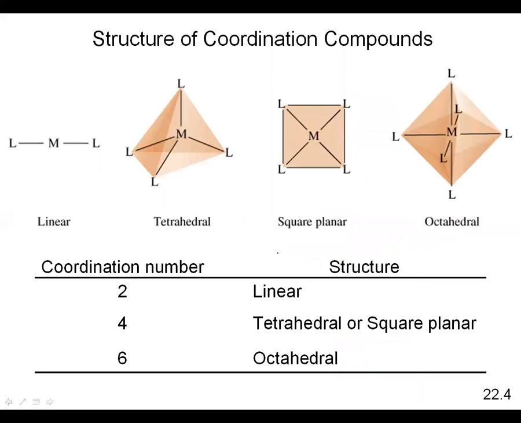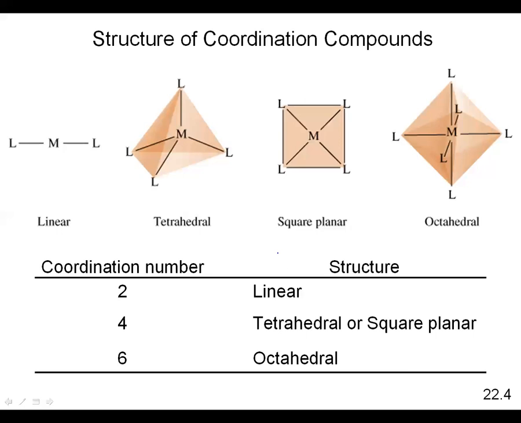Here are some prettier pictures of the coordination numbers and the structures that we visualize with these complex ions. It's similar to the geometry that you learned as well. 2 electron pairs, 2 bonds is your linear geometry. 4 electron pairs, 4 bonds is tetrahedral.